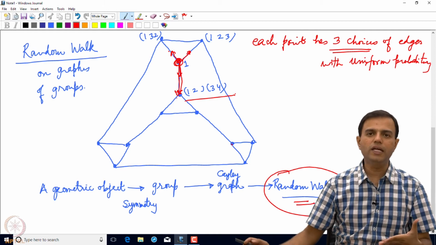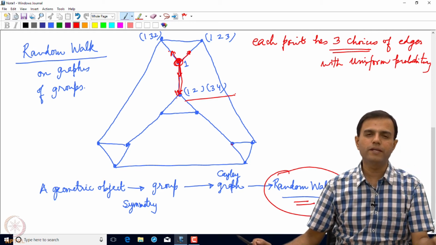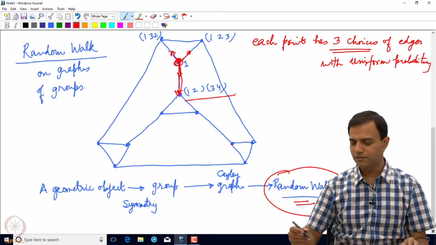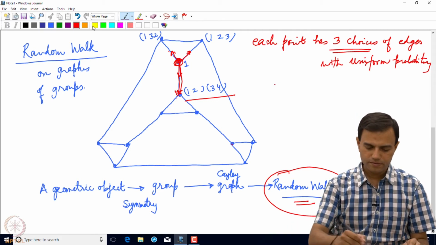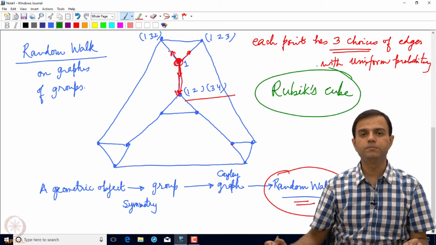Now I can do this thing not just for these kind of objects, but for more complicated objects as well. Did I mention some complicated object in these lectures? Yes, Rubik's Cube.